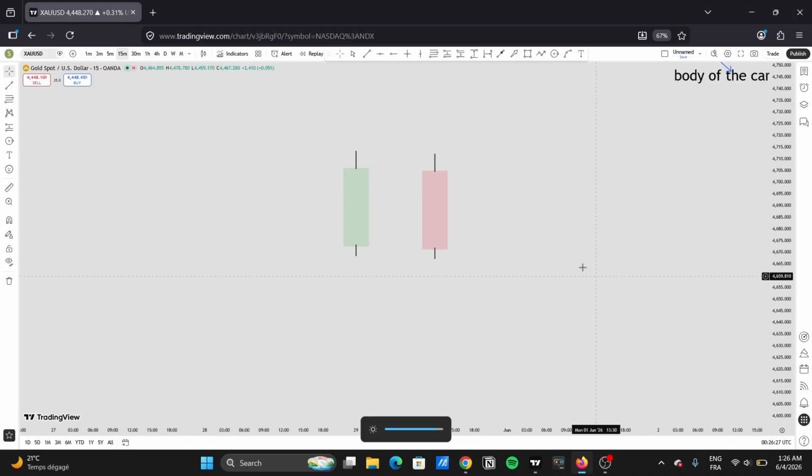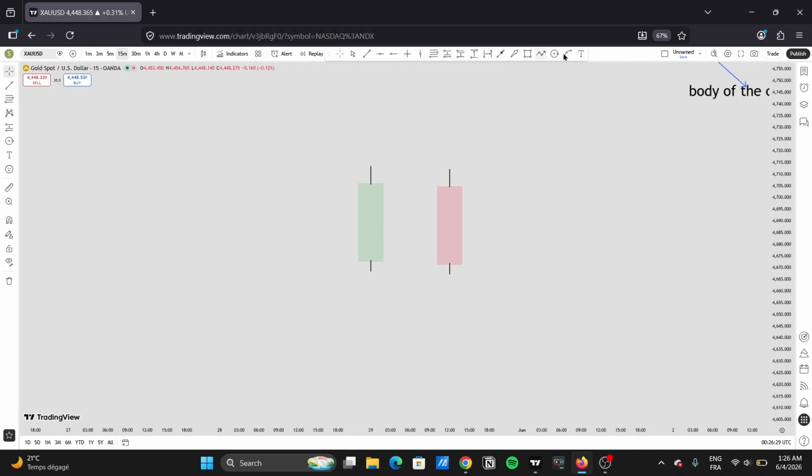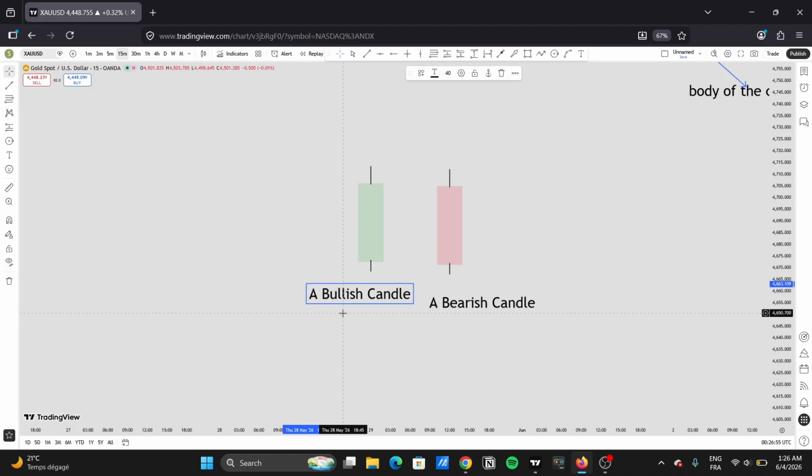This one is a bullish candle. By bullish we mean a buying candle, where the buying power is stronger than the selling power, which turns the color of the candle to green, or to red if it's a bearish candle.